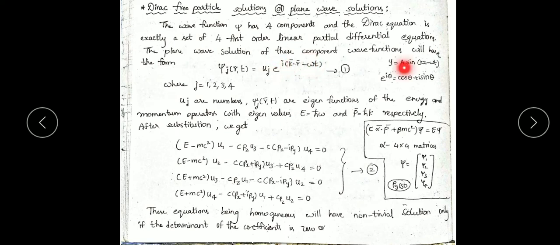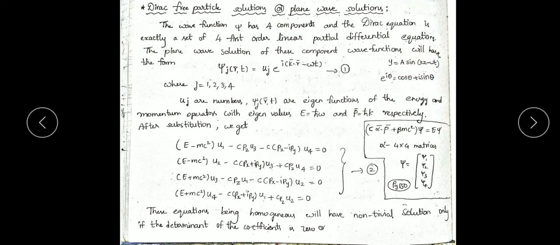Just like y equals a sine kx minus omega t, where a is the amplitude of oscillation, the displacement in the case of oscillations has this kind of form. Here e power i theta could be written as cos theta plus i sine theta.